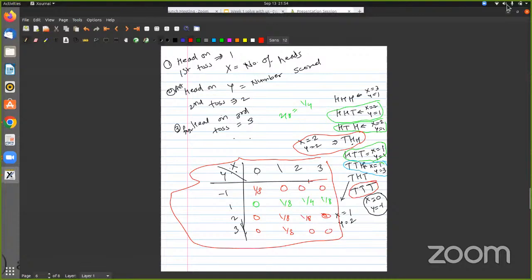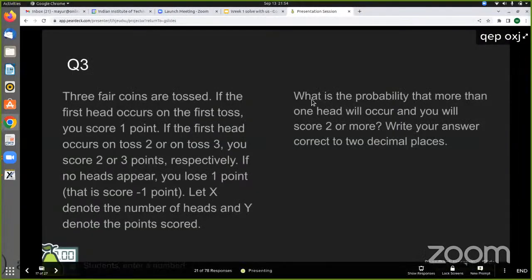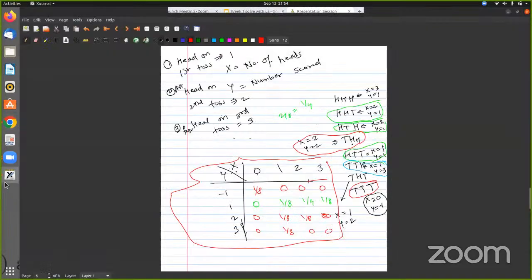Okay. Now the question is what? What is the probability that more than one head will occur and you will score 2 or more? So what does this mean? X is more than 1 and y is greater than or equal to 2.